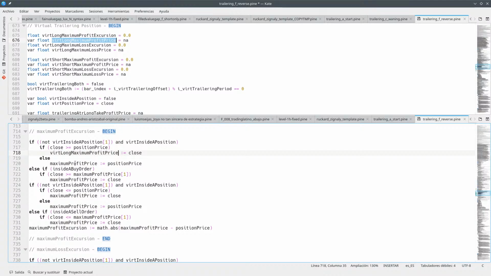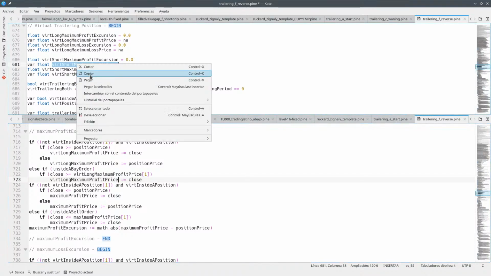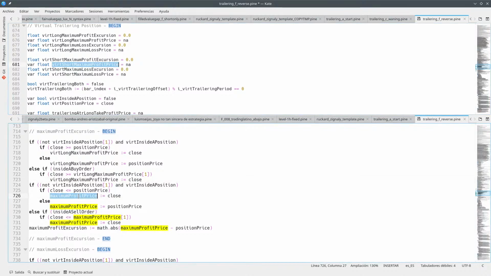Yeah, so this is like this, and the second one is with a short, so it's short maximum profit price. That's it. So short price, short price, and so on.